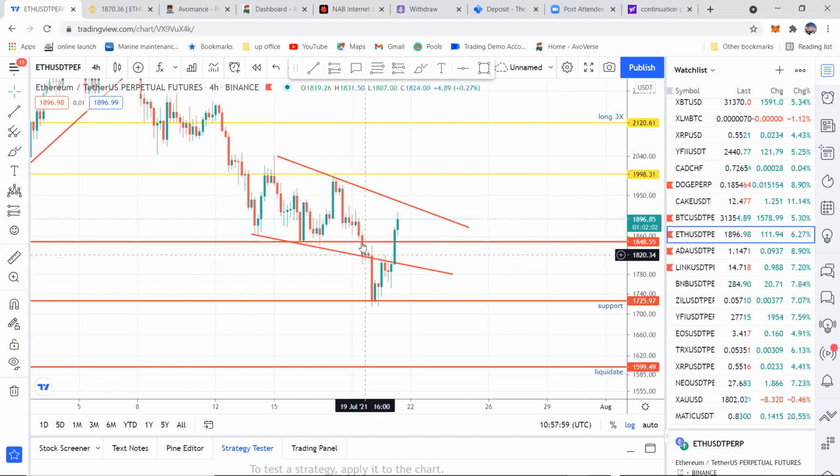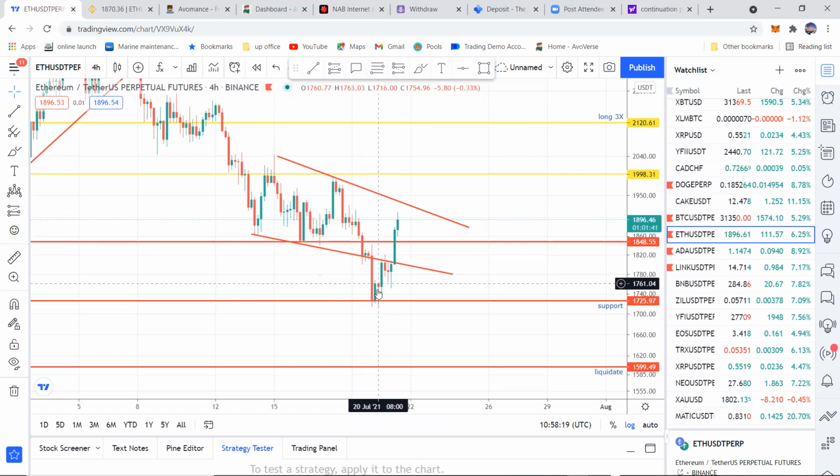It stopped and we got one little green one, but there's no actual hammer, no morning star pattern or anything like that, no bullish engulfing. There's just nothing to indicate it there. So I didn't place a trade, and then it dropped a lot further.